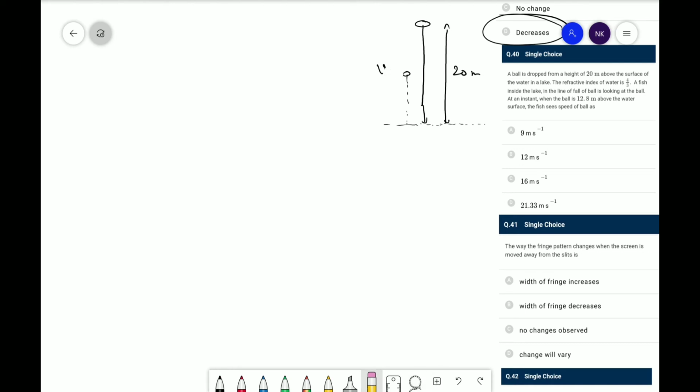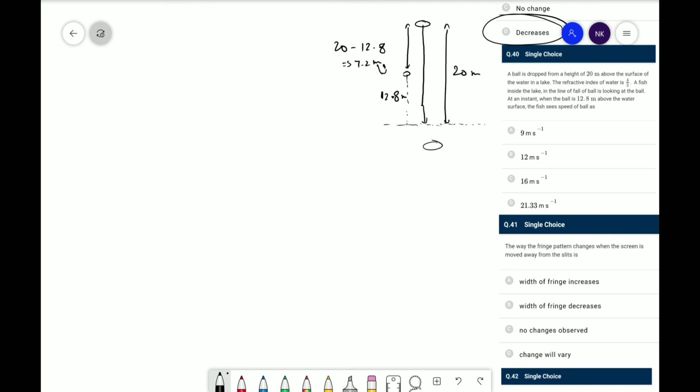This one is the real speed of the ball, and the height is 12.8 meters. The ball is 12.8 meters above the water, so the remaining distance is 20 minus 12.8, hence this one is 7.2 meters.